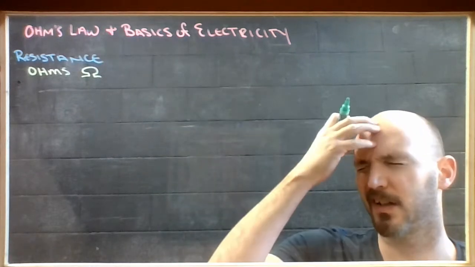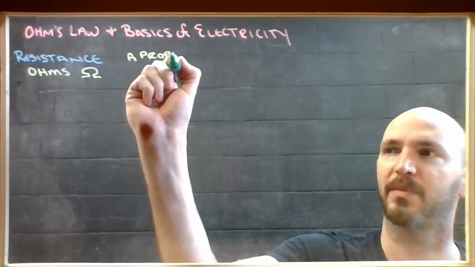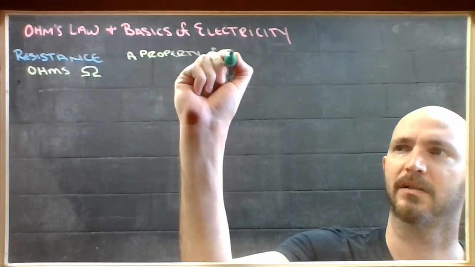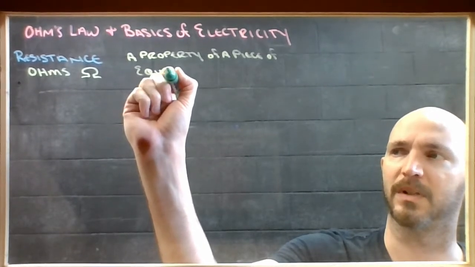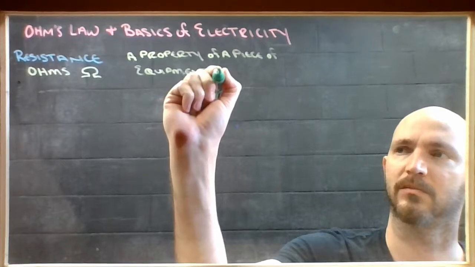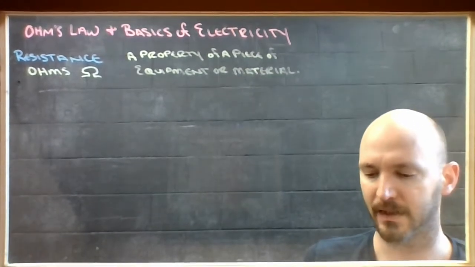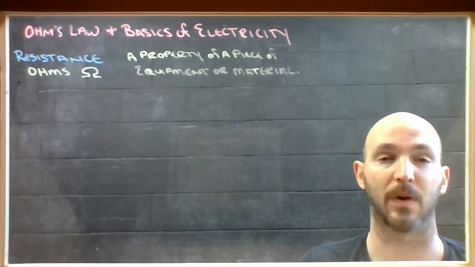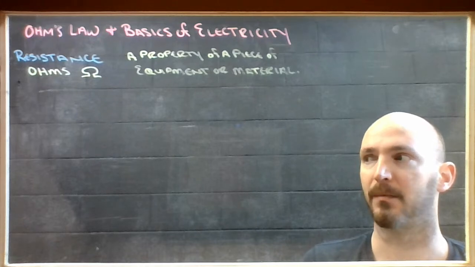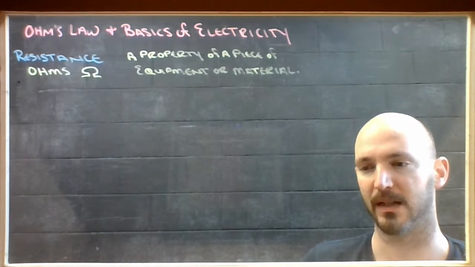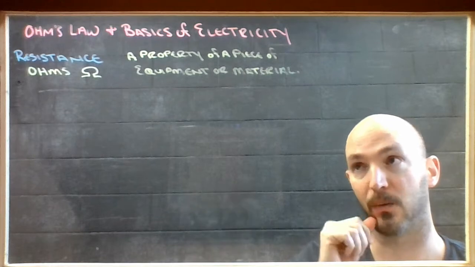So let me try and write this while I talk at the same time. Resistance is a property of a piece of equipment or material, and what it's measuring for you is it's giving you a number to represent how hard it is to push electrons through that particular material, or how challenging it is for the energy conversion process between electrical energy and light, or electrical energy and heat, whatever the machine is doing.